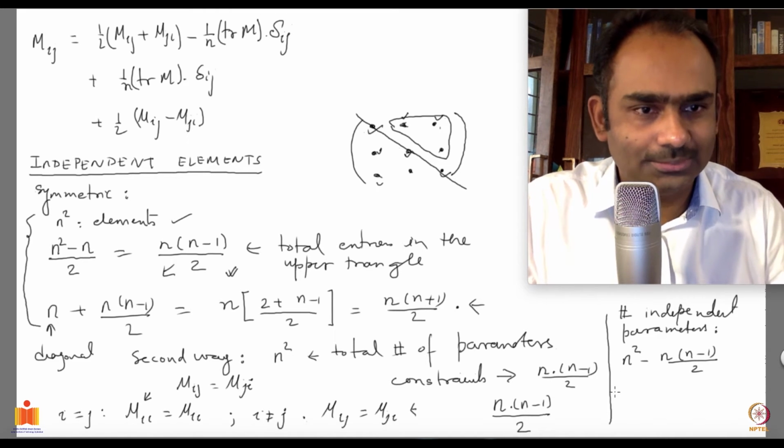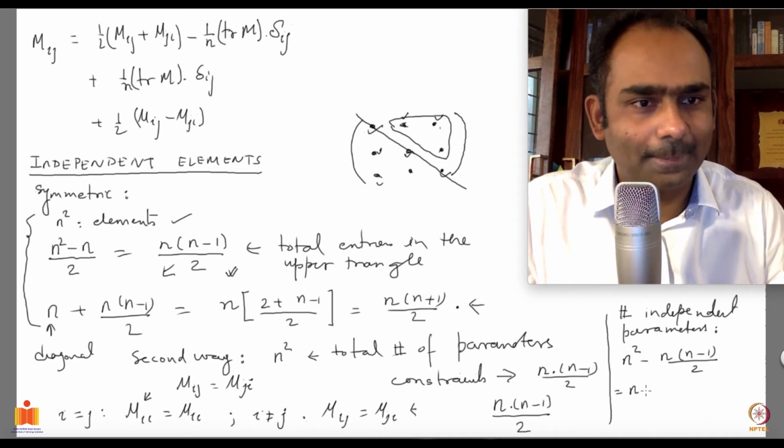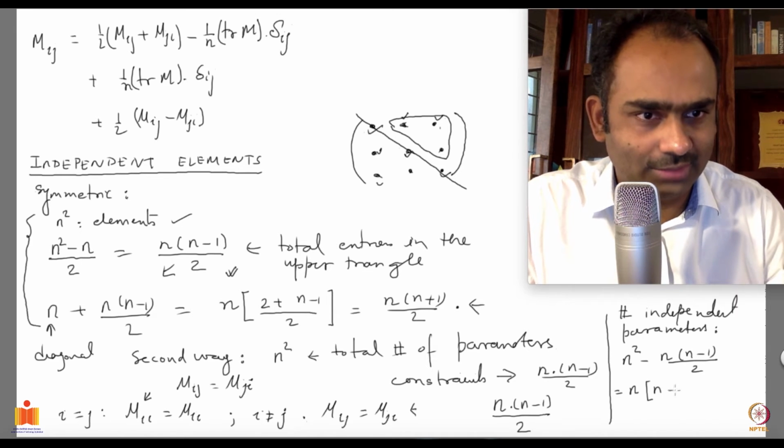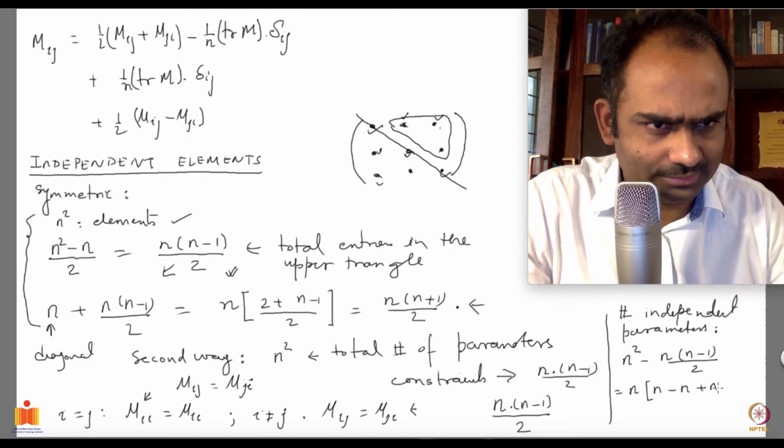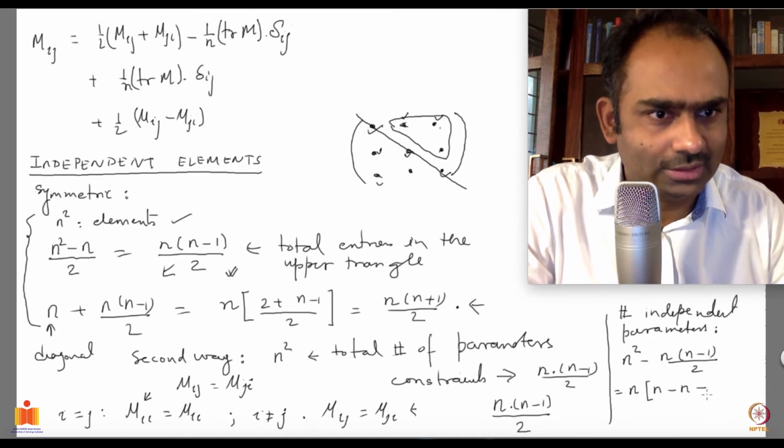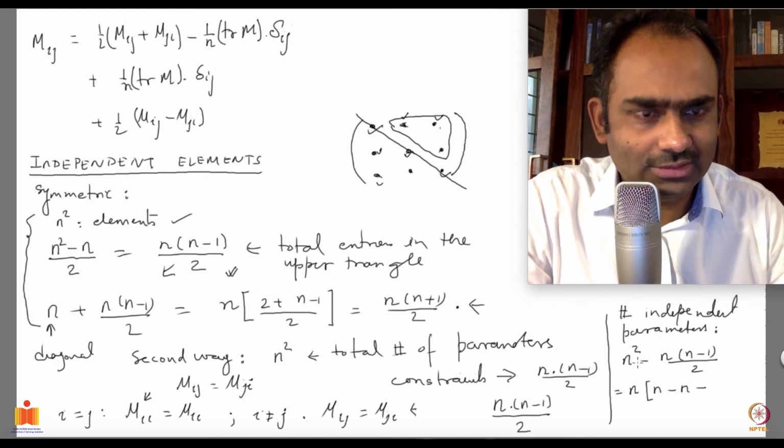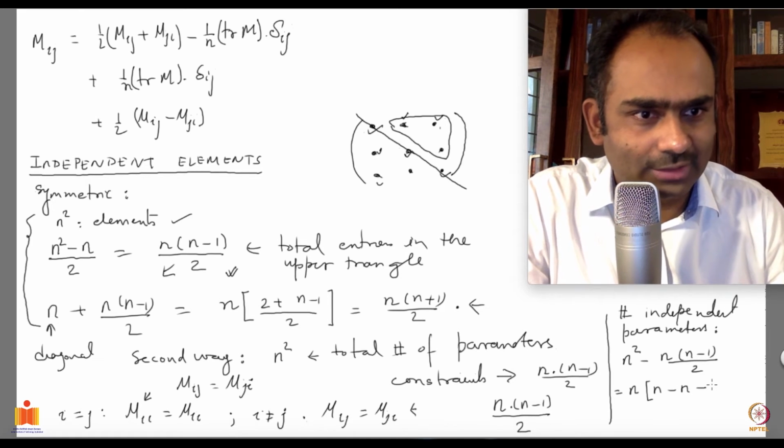Let's see what that is. I have taken n outside, so you have an n, and the n squared minus n minus 1 over 2 becomes n times n minus n minus 1 over 2.